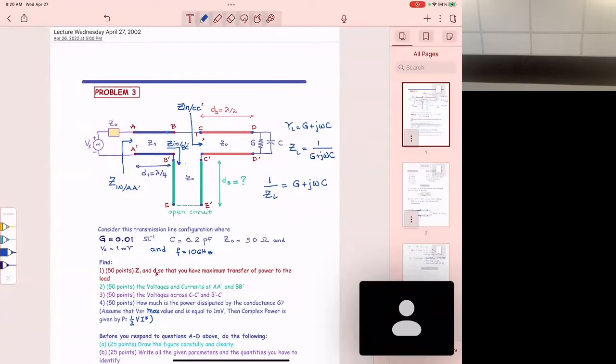So you have an option to either keep it like this or use it like that. What makes me decide which one of the two I'm going to use? The fact that I add something here in series. Because I can use my Smith chart either for this or for that.